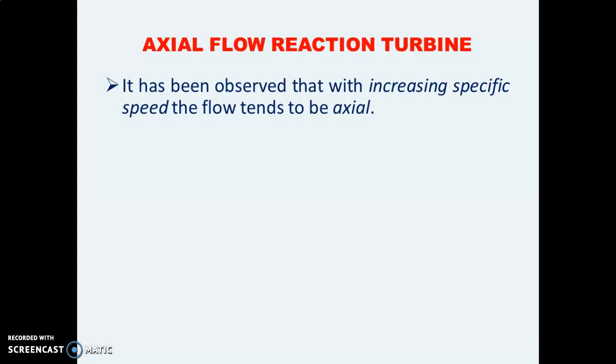Now it is seen that as the specific speed increases, the flow stops being radial and tends to be more axial. Even a radial flow, if the speed is increased, tends to be more axial.